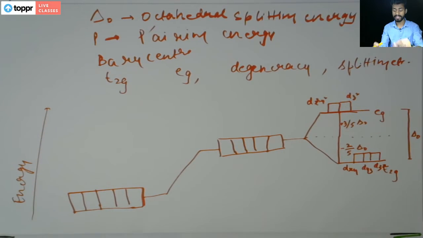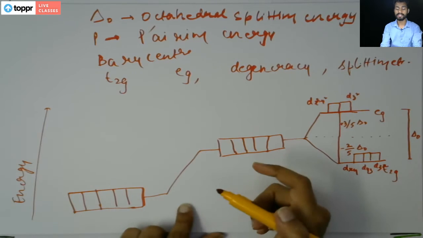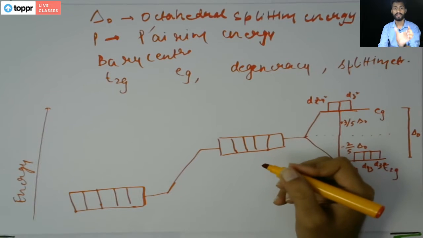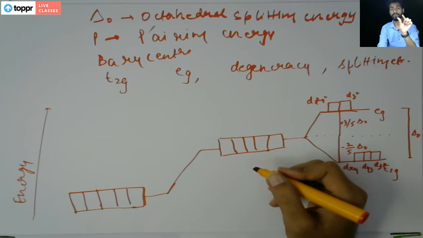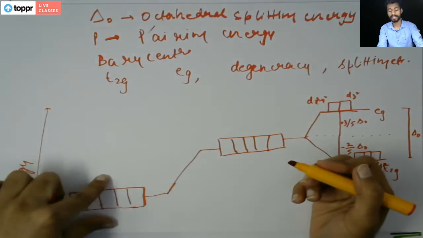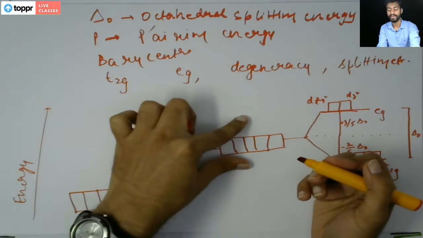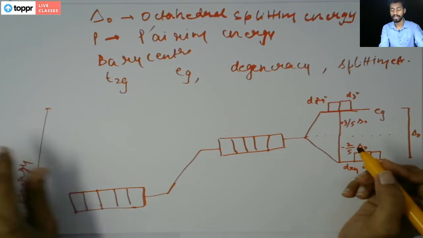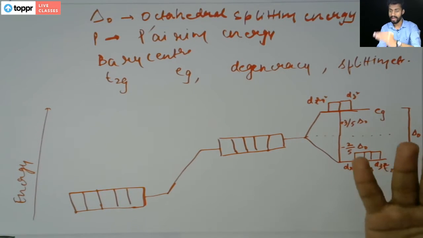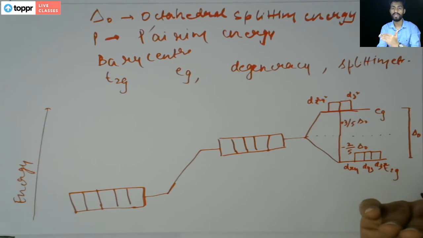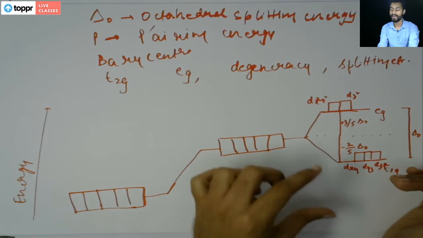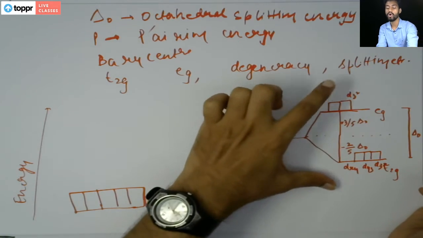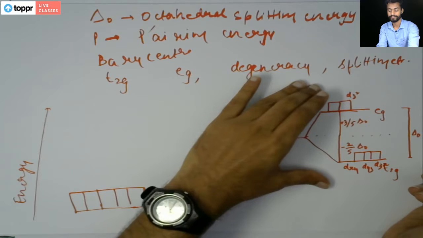As the ligands move closer to the d orbitals, the energy of the electrons in the outermost d orbitals of the central metal atom will increase, but still degeneracy is maintained. Make note of this, degeneracy is still maintained, but as the symmetric structure between the ligands and the central metal atom breaks, the splitting up of the d orbitals takes place, and this is called crystal field splitting.